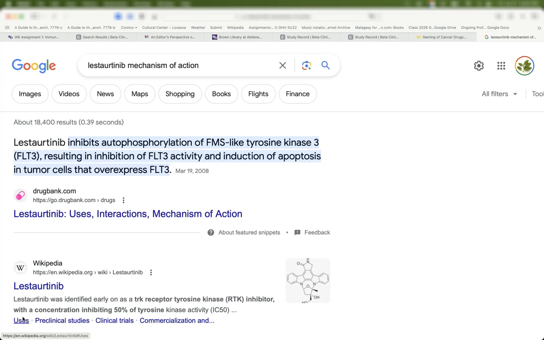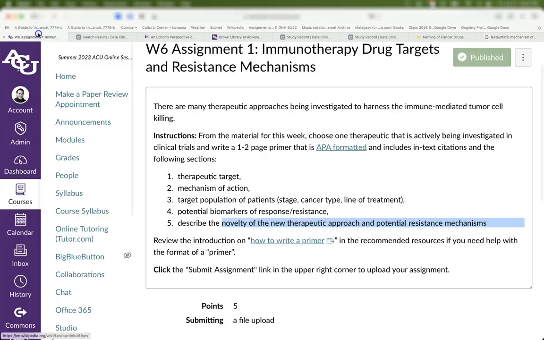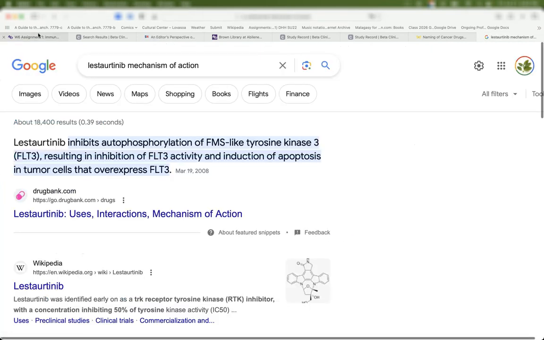And then when it hits that target, we have cells that were overexpressing FLT3, and they undergo apoptosis, they die. So, okay, we're starting to get an idea of how this works. Now, looking at the target population of patients, you can tell just by looking at this that it's probably going to be something that involves that overexpression of FLT3, which is not going to be all cancer cells.